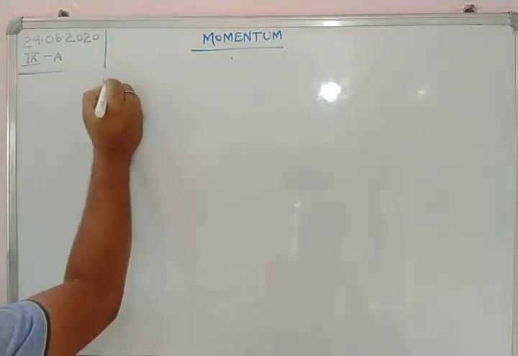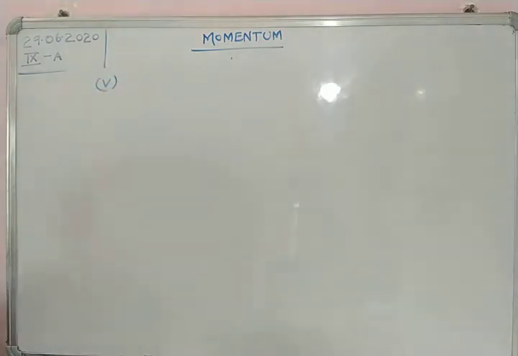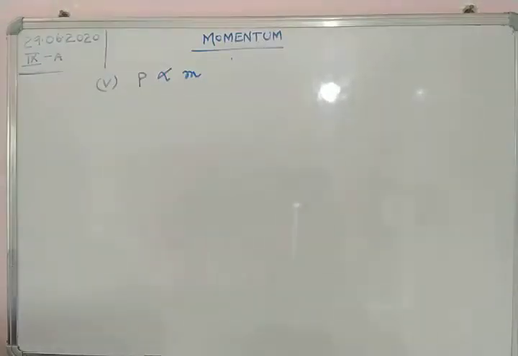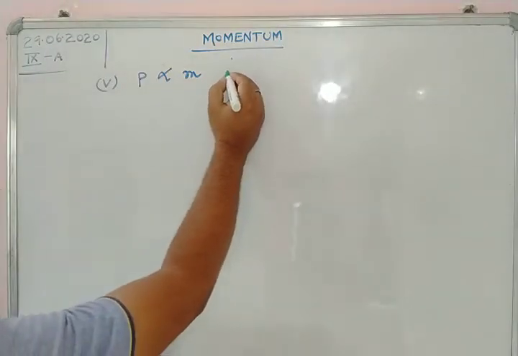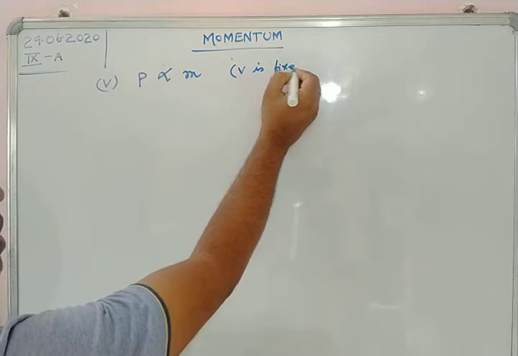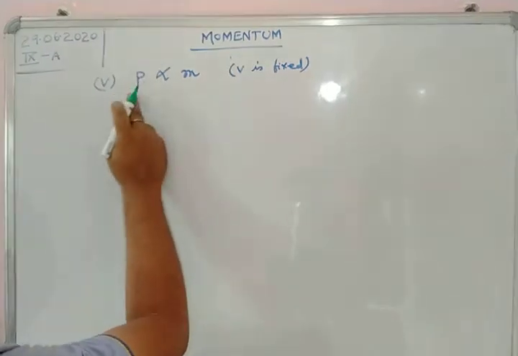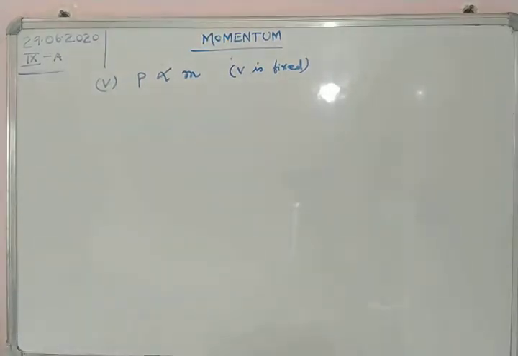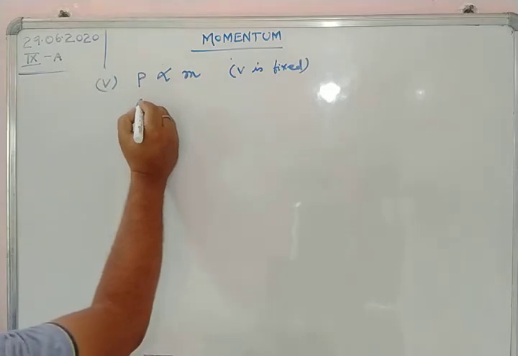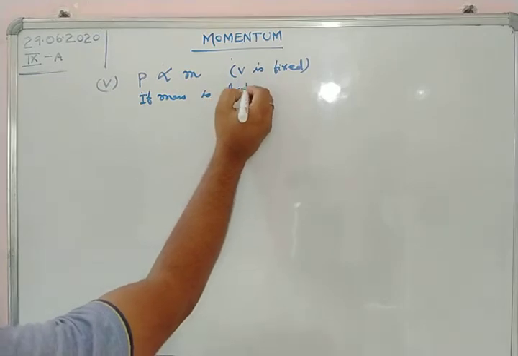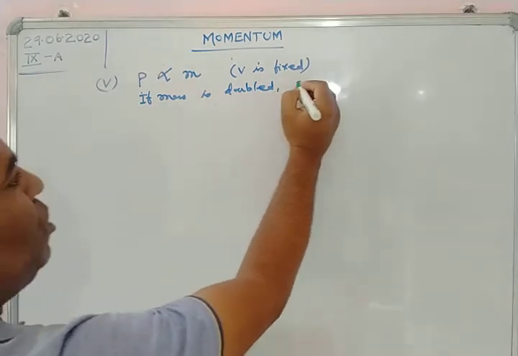Students, number 5, the fifth characteristic. Momentum P is directly proportional to the mass of a body. Consider that velocity V is fixed. So we know that momentum is directly proportional to the mass of the body. If mass is doubled, the momentum is doubled.